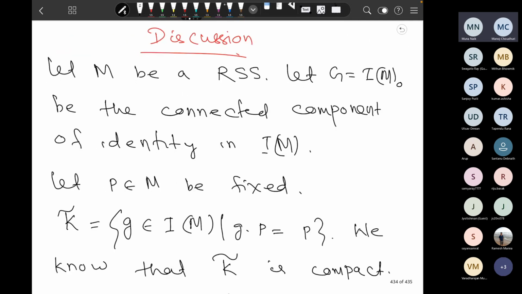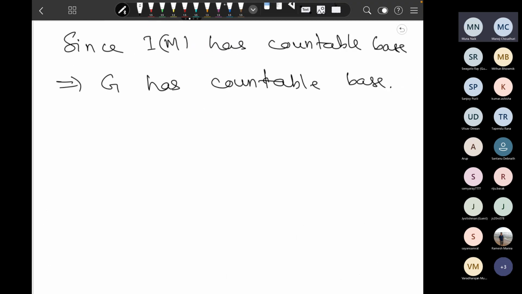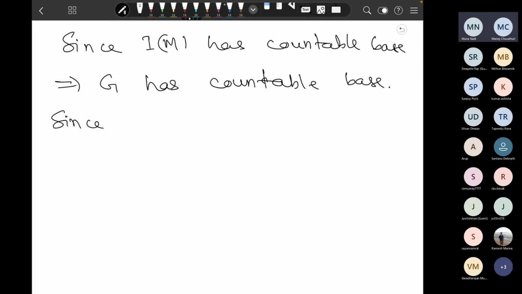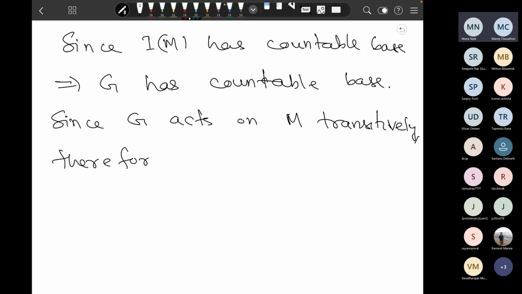Now, we also know that I(M) acts on M smoothly because of that theorem which I have stated. Therefore G also acts on M smoothly, and we have just proved that G acts on M transitively. Therefore, since G acts on M transitively, G is a transitive Lie transformation group of M.